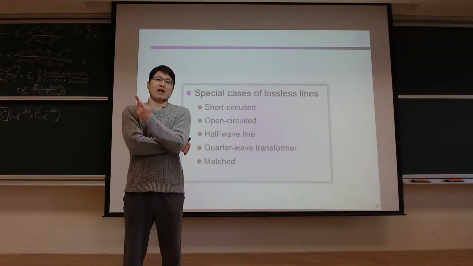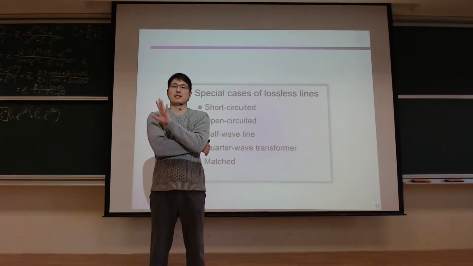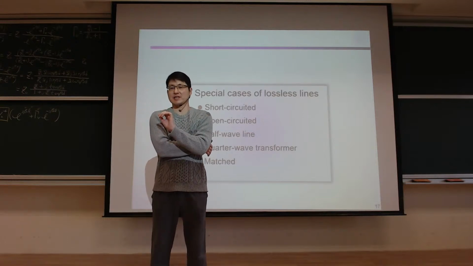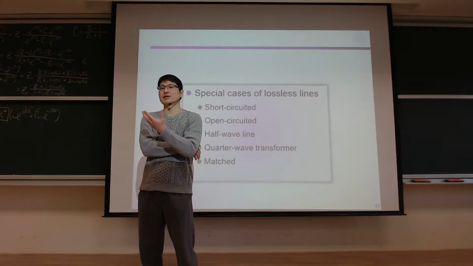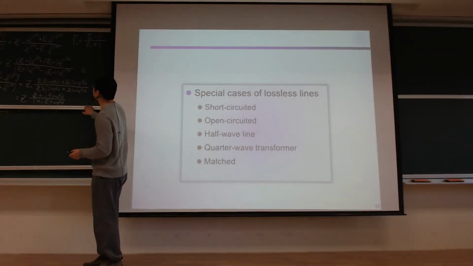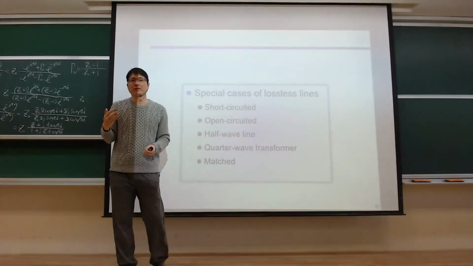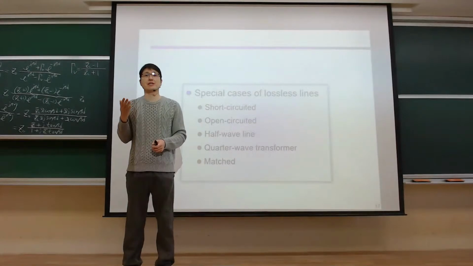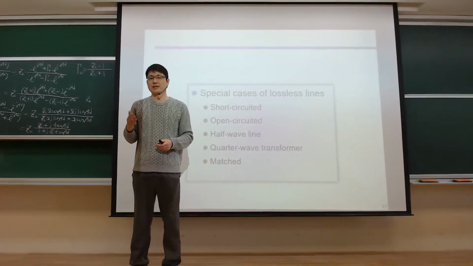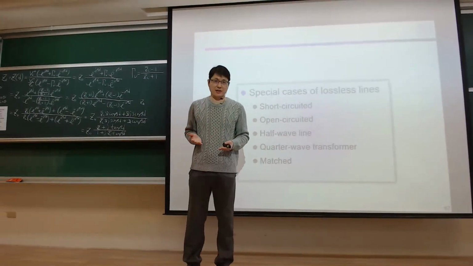we talked about lossless transmission lines, right? We made the assumption the transmission line is lossless, and then we defined the reflection coefficient, right? So his question was, does the definition of the reflection coefficient still hold even though the transmission line is lossy?